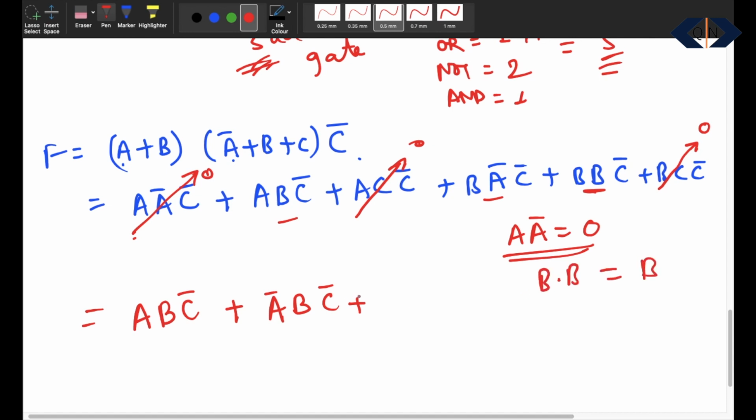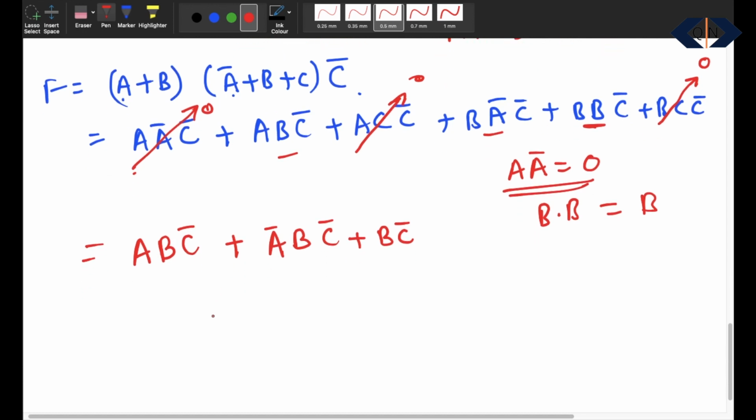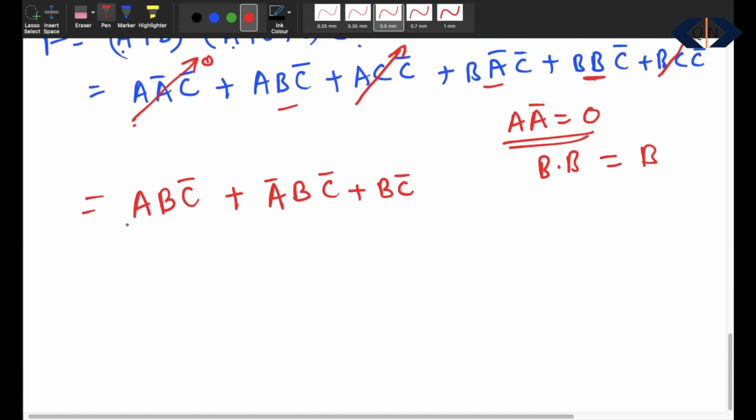It is B. So we will have B C bar. So now we have reduced it to only 3 terms, which means 3 AND gates plus 1 OR gate. So now let's see if we can make any further changes or not.